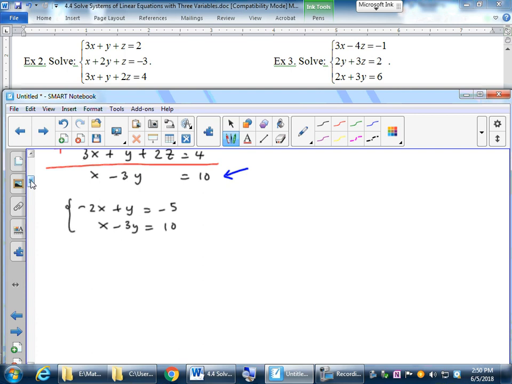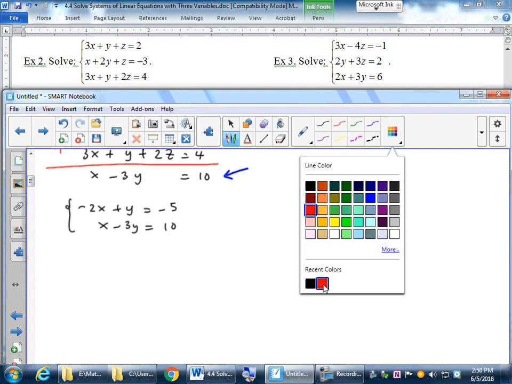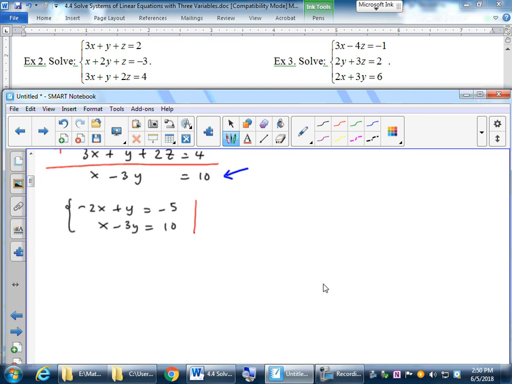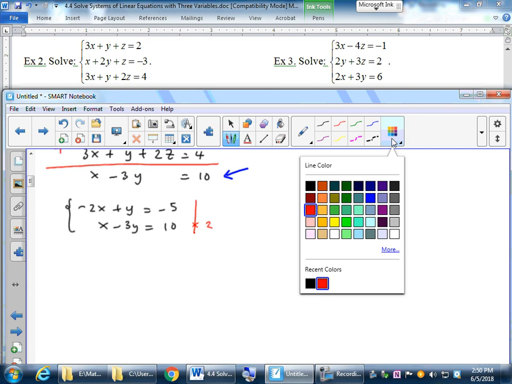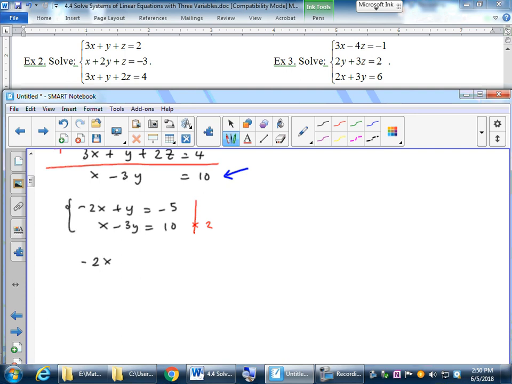So in this case, I will eliminate variable x, which means I just need to multiply the second equation by 2. You can eliminate y by multiplying the first equation by 3. It doesn't really matter because we're going to get all the values anyway at the end. So it'll be negative 2x plus y is equal to negative 5, and 2x minus 6y equal to 20.